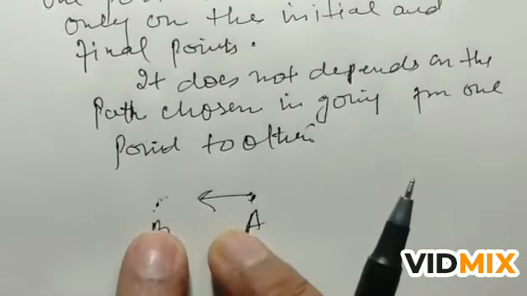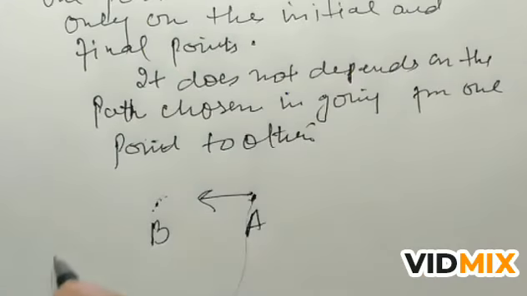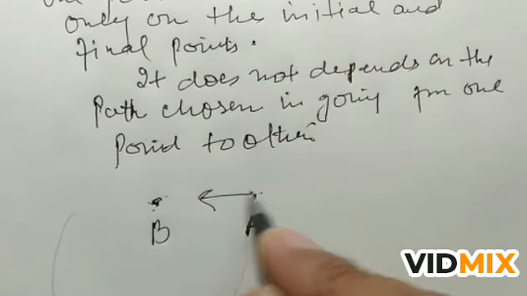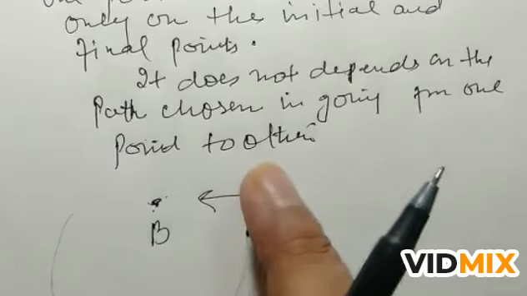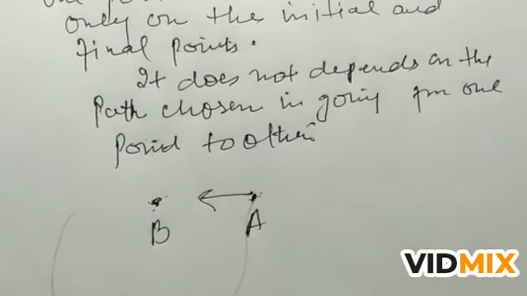It never depends on the path from where the body has been taken. Suppose I bring this charge from here to here and again put it here, the same energy difference will be there according to the work done. So what is the difference of energy at the 2 points? It is the same as the work done by the force.